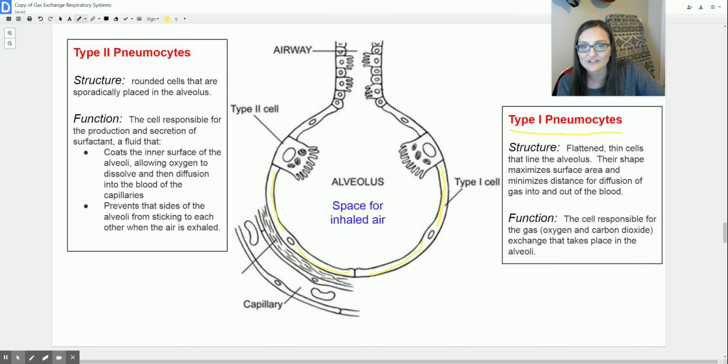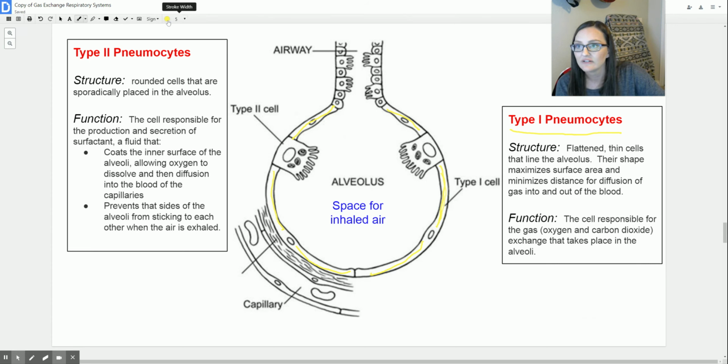It causes a shorter distance for the gas to go in and out of the blood. You can see they are the ones that are ultimately going to be close to the capillary, which is where the carbon dioxide and the oxygen are trying to get to or get out of based on the concentration gradient. You can see some more up here. They're really neat, and we're going to look at some micrographs in just a second.